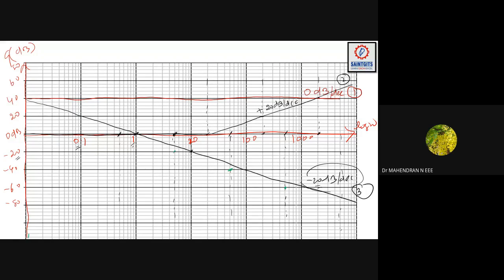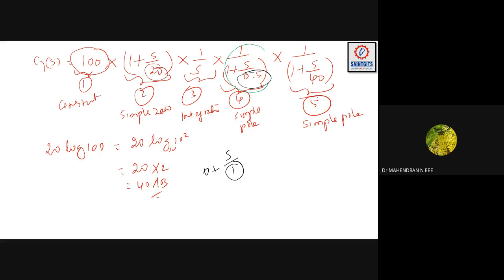So it will be from here, 1 plus. It will go like this, and here also it is minus 20 dB per decade. So this is your fourth term. We completed the fourth term.